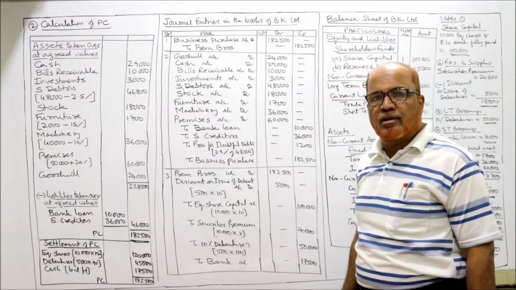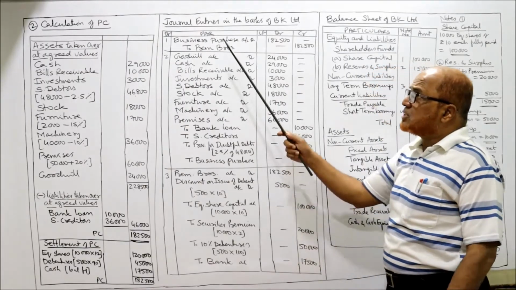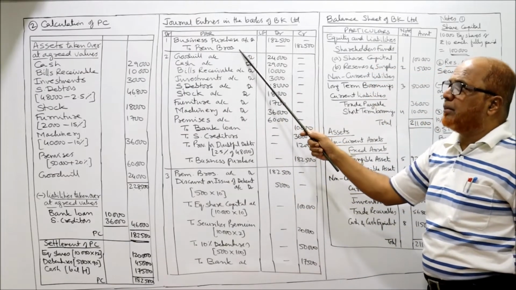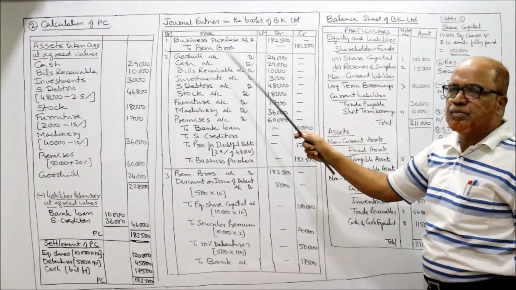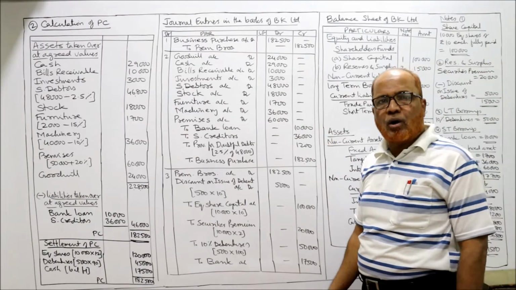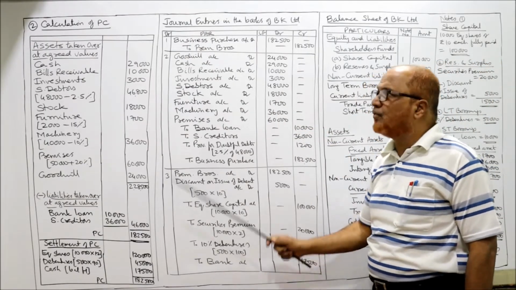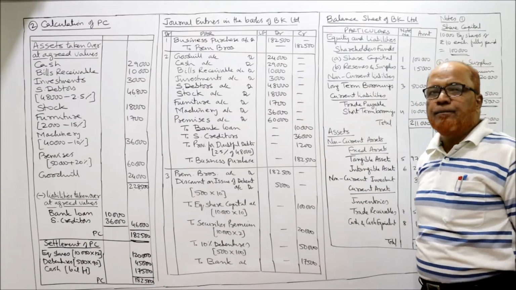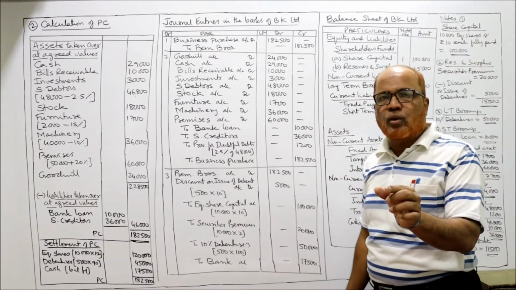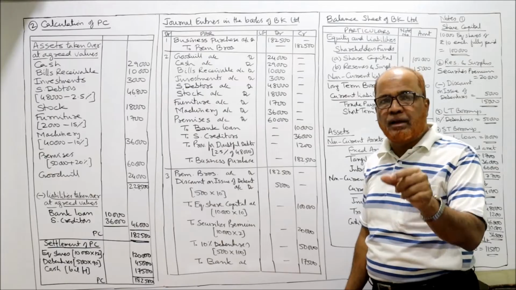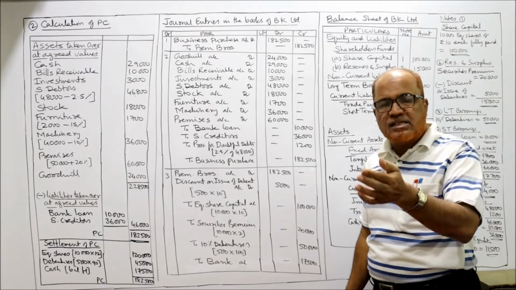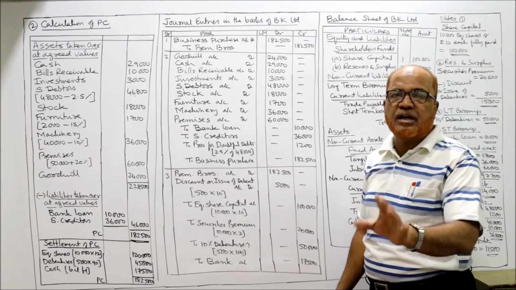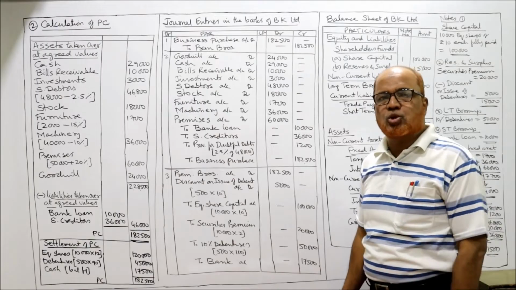Now we come to the journal entry. The first journal entry: business purchase account debit to Prem Brothers, being the business purchased and PC due. How much? PC 1,82,500. Second entry: all assets taken over at agreed values should be debited, all liabilities taken over at agreed values should be credited, and business purchase should be credited.